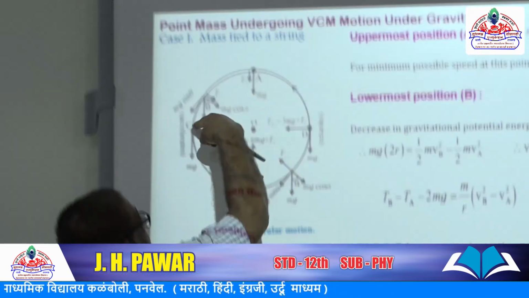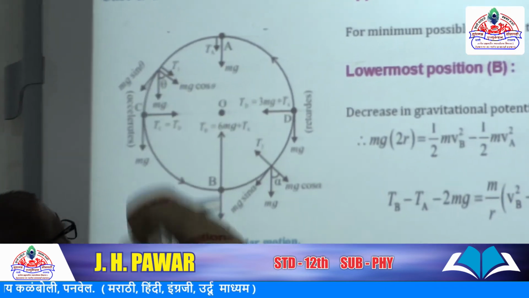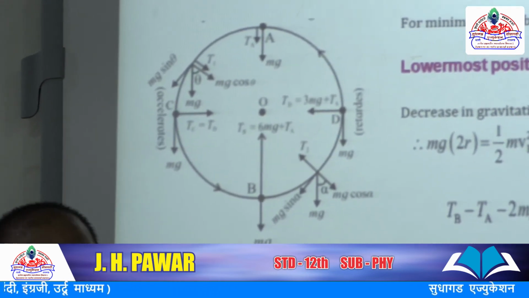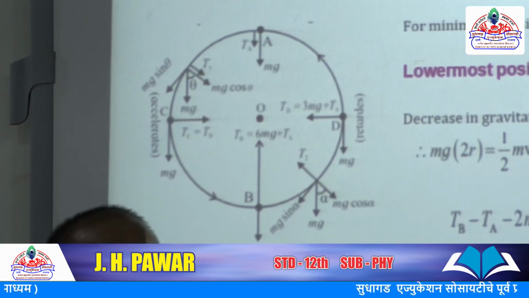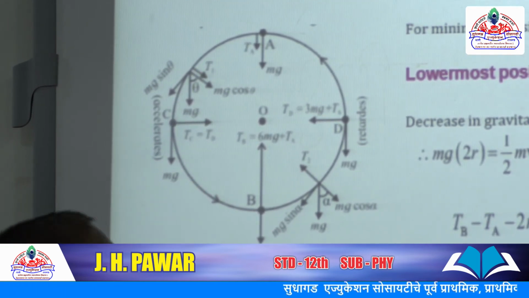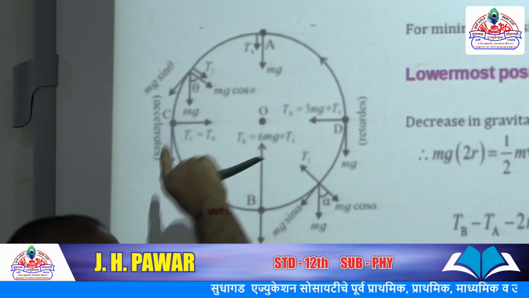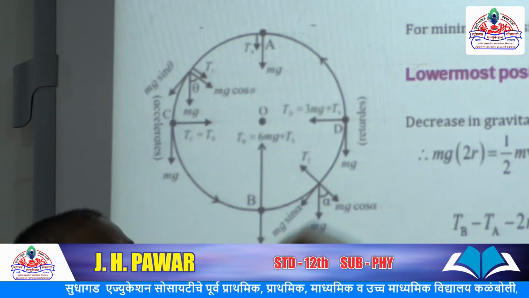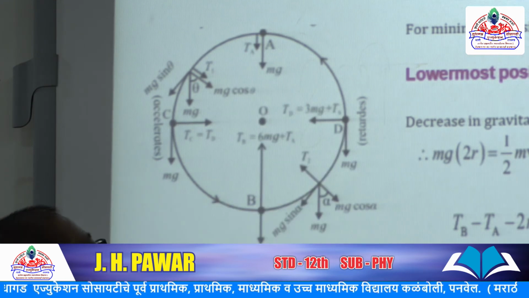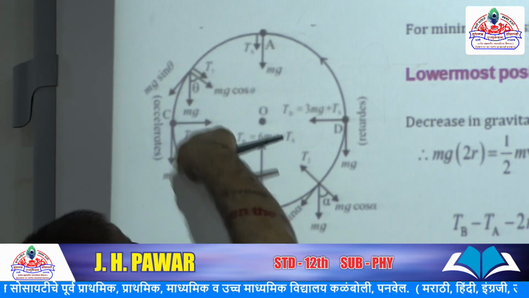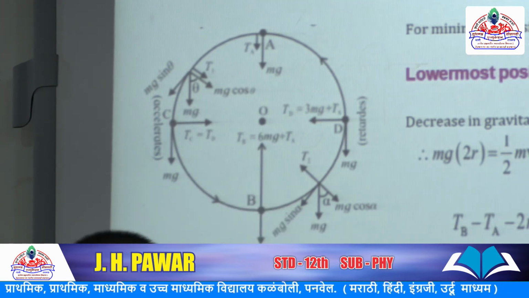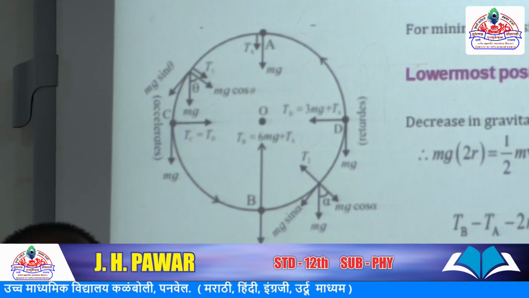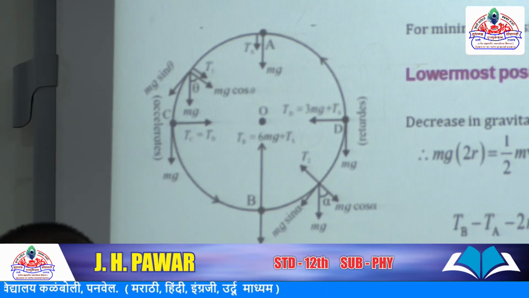Then as it goes on, the role of mg sin alpha changes; it accelerates the motion of the bob. When it goes in the upward direction, it retards the motion and applies the brake. But when it goes from A to C to B, it accelerates the motion, so its speed goes on increasing.